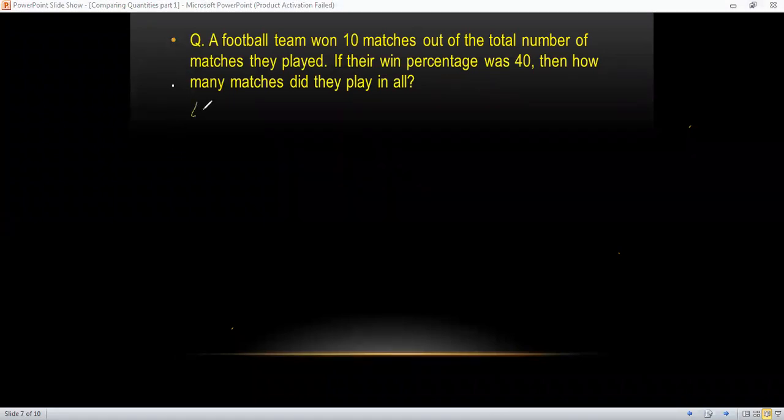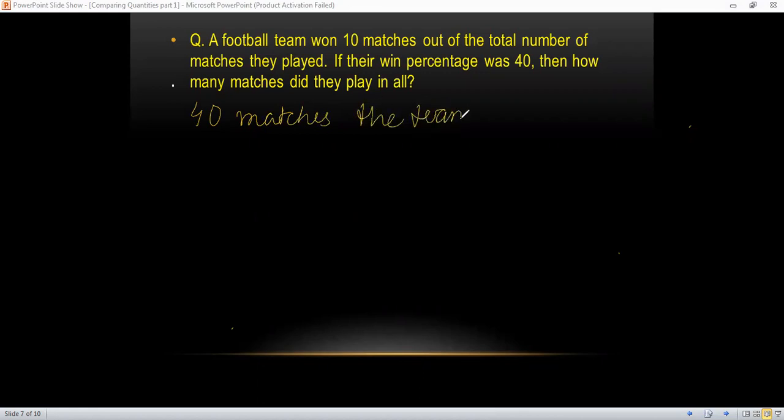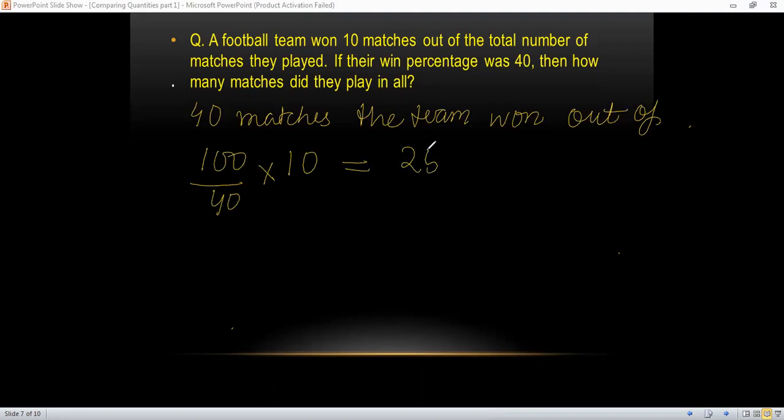So 40% of the matches the team won, that is 10 matches out of 100. So 100 upon 40 into 10, that is 25 matches.